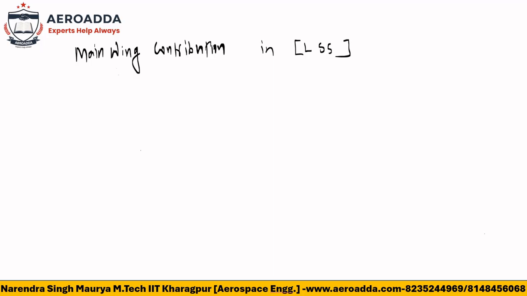Now, as I have already shown you, the sign convention, when it will be positive and when it will be negative, I have already told you. I'll show you, because we are talking about the main wing first. Just say this is the reference line for the aircraft.